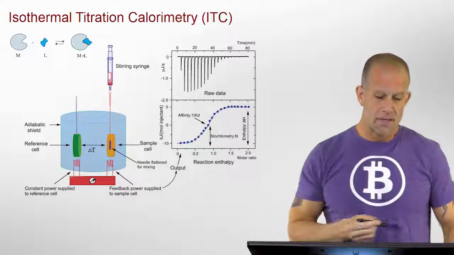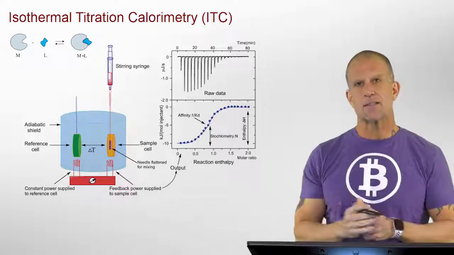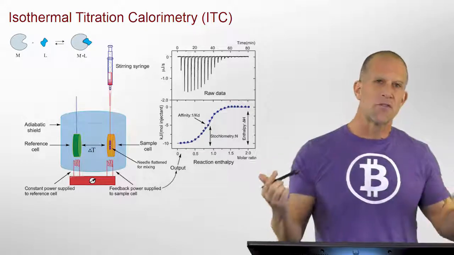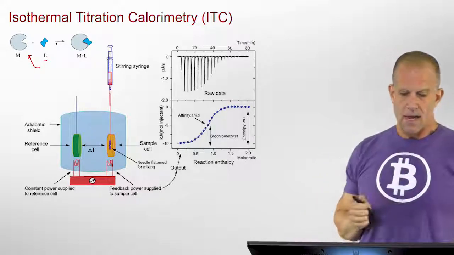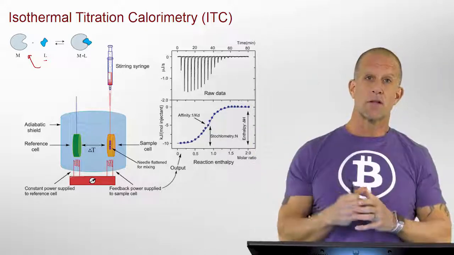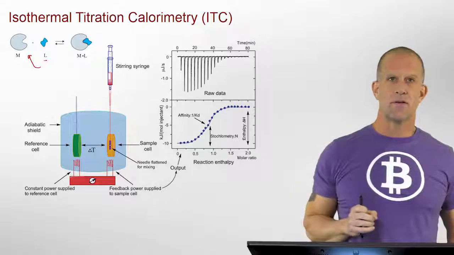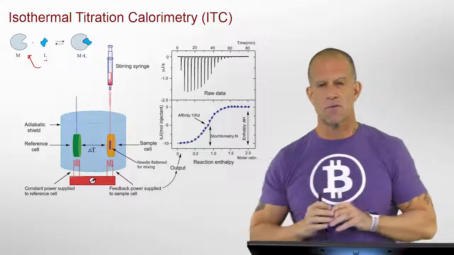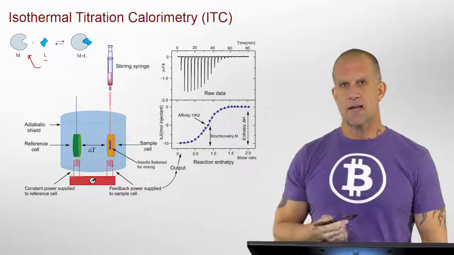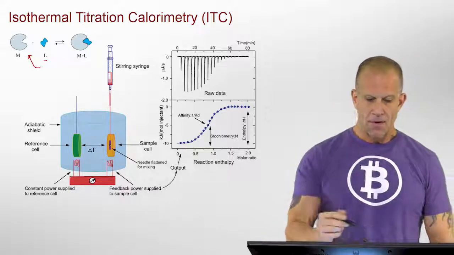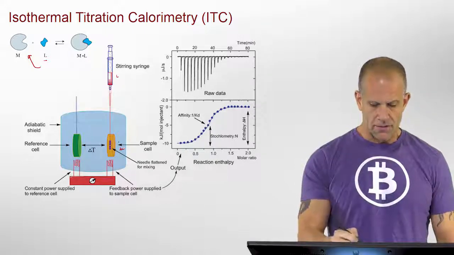A technique that is used extensively in biological systems, especially for looking at how ligands bind to macromolecules in solution, for example how a ligand would bind to a protein or to the groove of DNA, is isothermal titration calorimetry, or ITC, where you have your ligand and your macromolecule in solution.